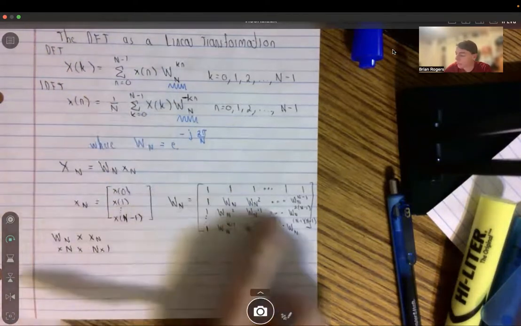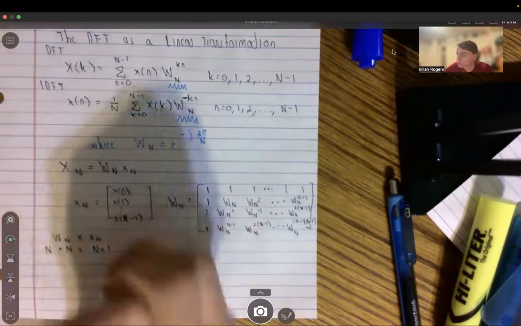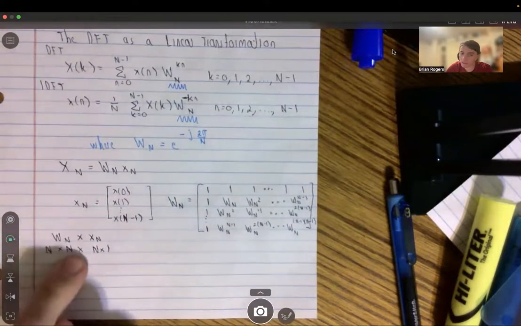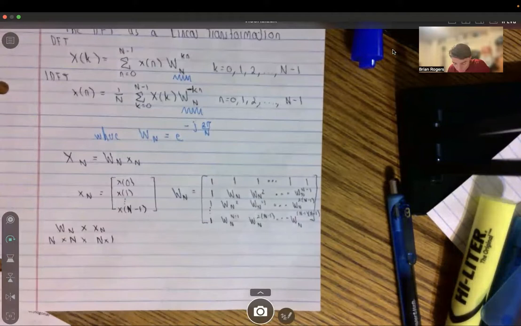And remember, your WN is a symmetrical matrix, so it's going to have the same rows and columns. And so it's going to be capital N by n. So what we're going to see here is when we apply it to an actual practical example, this matrix method will help us use the linear transformation technique.